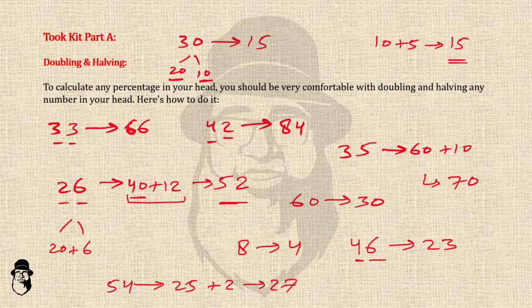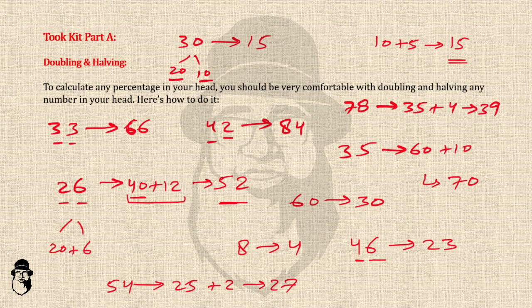And this is very easy to do, half of numbers. We just need a little bit of practice, and then we can check also. Let's say half of 78 is, half of 70, that is 35, and half of 8, that is 4, and that is 39.